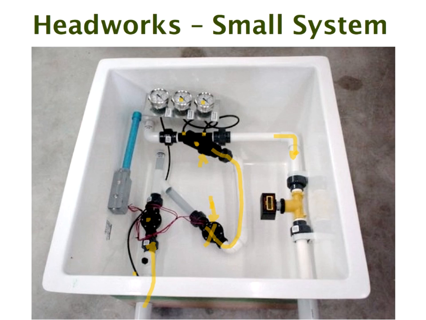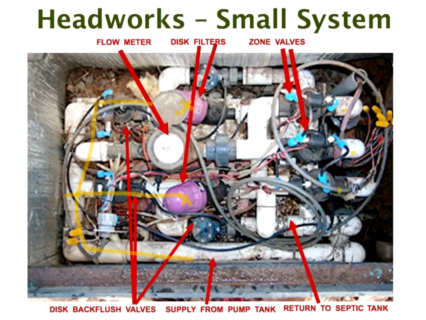Okay. Then, of course, there's an expensive headworks unit here, and this has got a flow meter. We've got a flow meter here, which is actually measuring the flow in gallons per hour, as well as having an accumulator. And if you go back, here you see a flow meter.